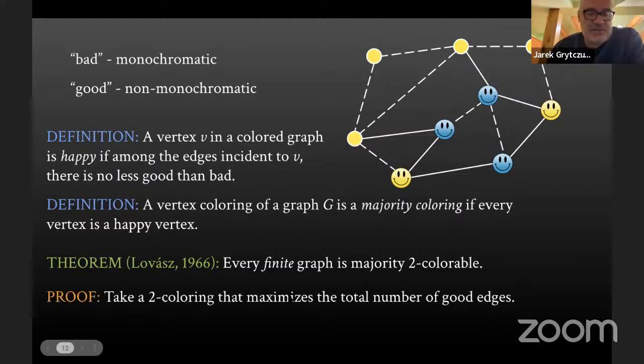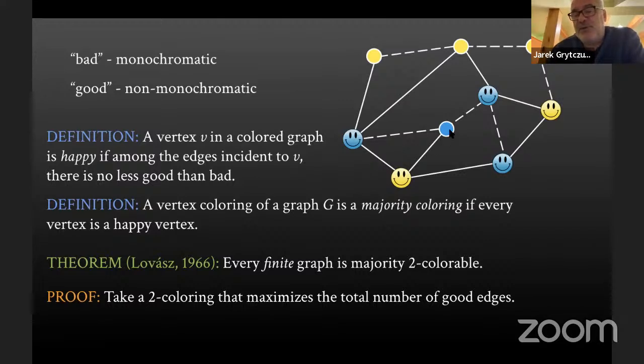So I summarize this procedure by saying that we are finding a coloring that maximizes the total number of good edges, because when we switch the color of an unhappy vertex, the situation changes for the edges incident to that vertex. Every edge that was bad becomes good, and every good edge becomes bad. But now this vertex is happy because the number of good edges increased.